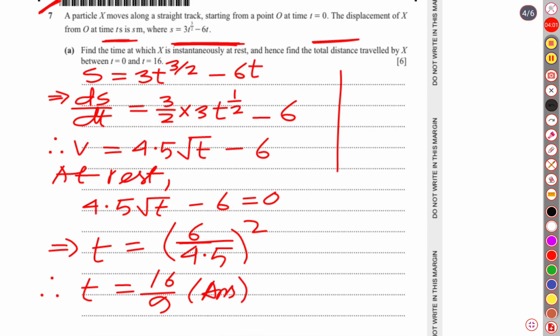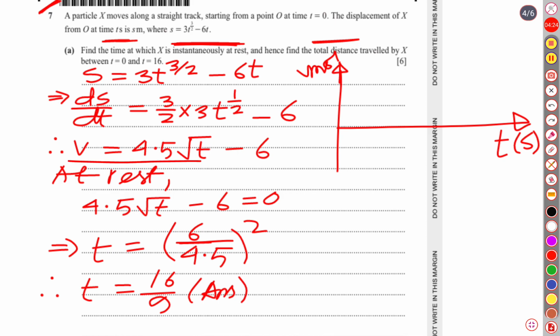So t seconds on the axis, and for the velocity-time graph let me write here v meters per second. Initially look at this, the velocity expression is this.